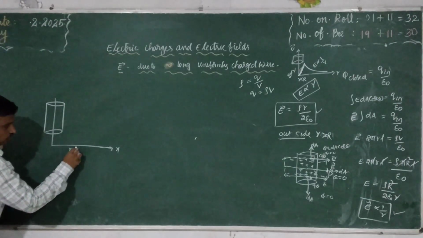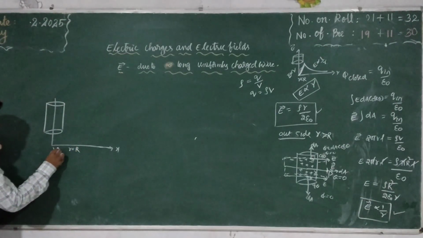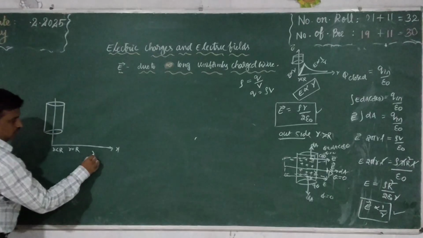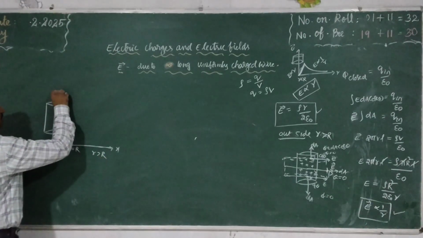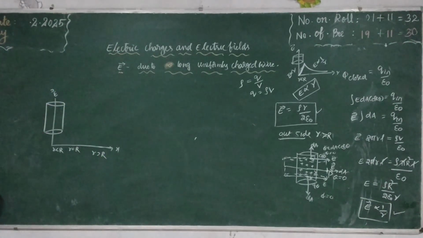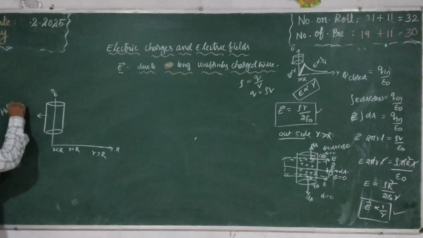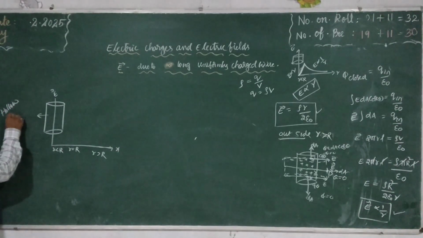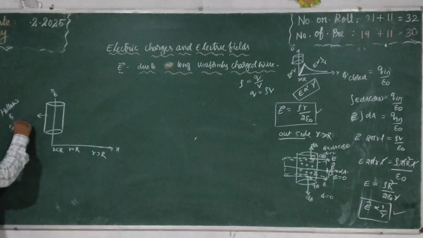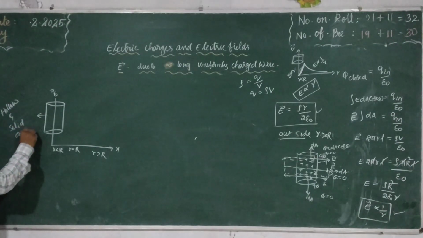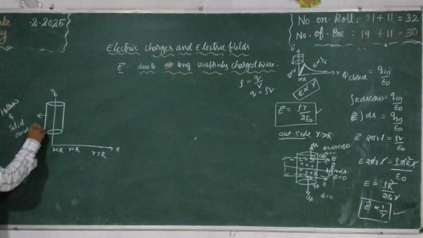This is R equal to capital R. In this case it is R less than capital R, here it is R greater than capital R. Electric field is along the y axis. This case is for hollow conducting or non-conducting, and solid conducting cylinder.